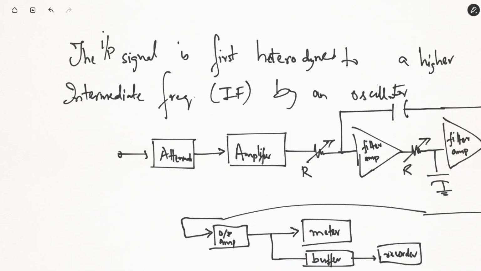So what we do is the input signal is fed to this system and it will be first attenuated and then amplified. After appropriate attenuation and amplification, the input signal will be heterodyned in the oscillator so as to match the frequency range of the RC filter.